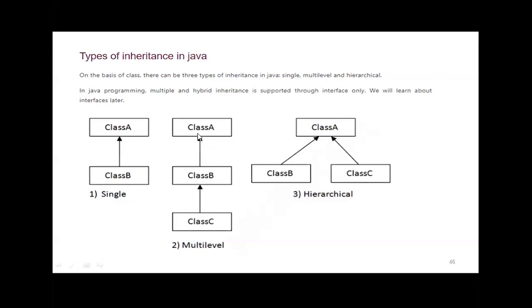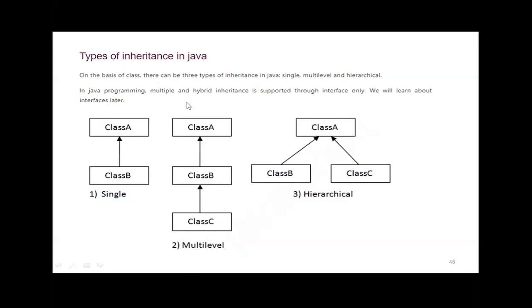So class A property comes inside class B. Class B properties come inside class C. So we will create an object of class C to access all the properties of A, B, and C. When we are increasing the level, suppose A, B, C, D, E, F, whenever we have more than 2 classes and we are doing the inheritance, in that case we call it multi-level inheritance, because we increase the level. This is the reason we call it multi-level. Is it clear, guys? Yes, sir.